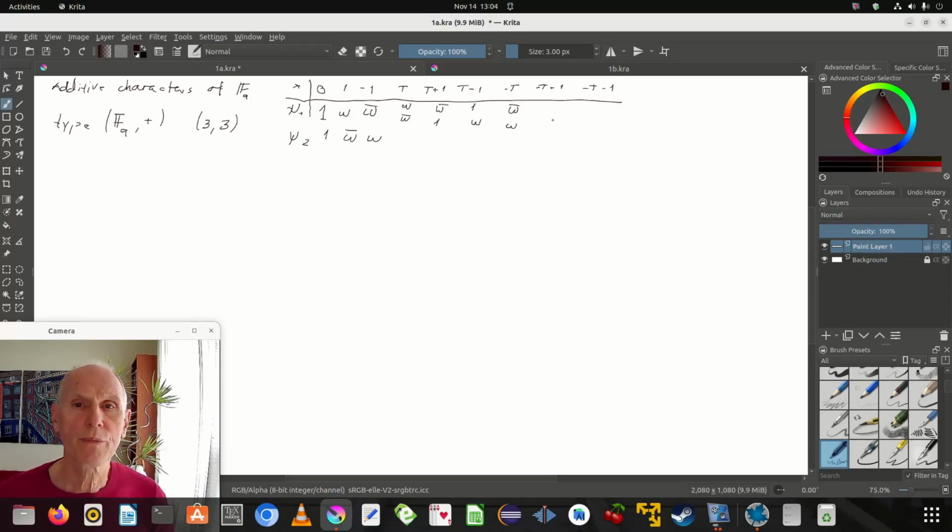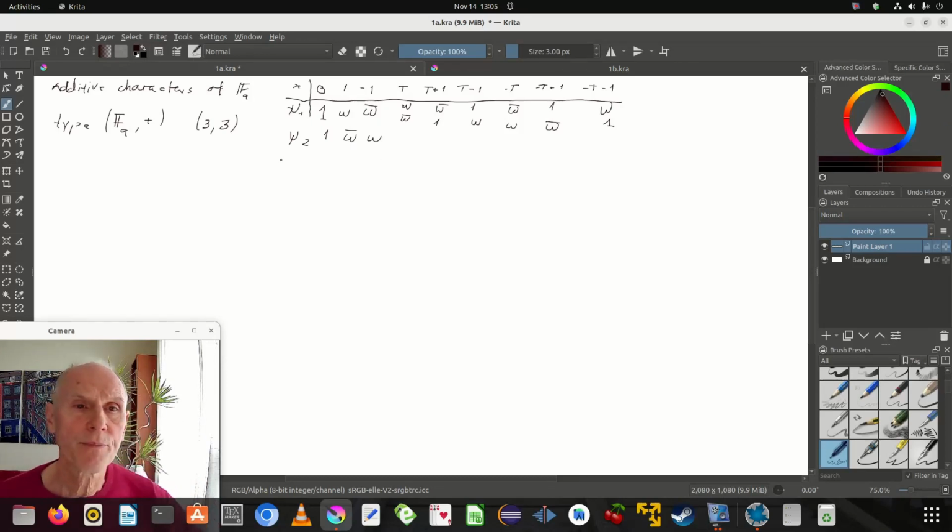And then we can go along continuing this. Oh, let's just do it. Minus t plus 1, that's the product of those. Minus t plus 1, that's that. Then minus t minus 1 is minus t omega bar, minus 1 omega bar squared, and omega bar, that gives unity. So let's leave it for here.